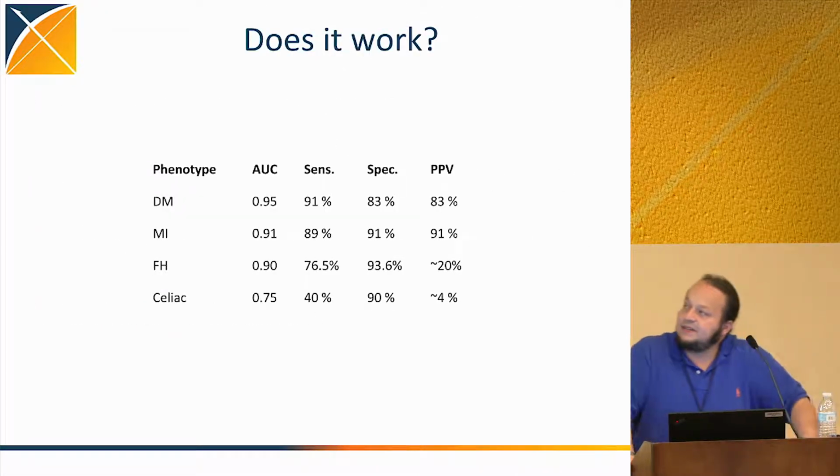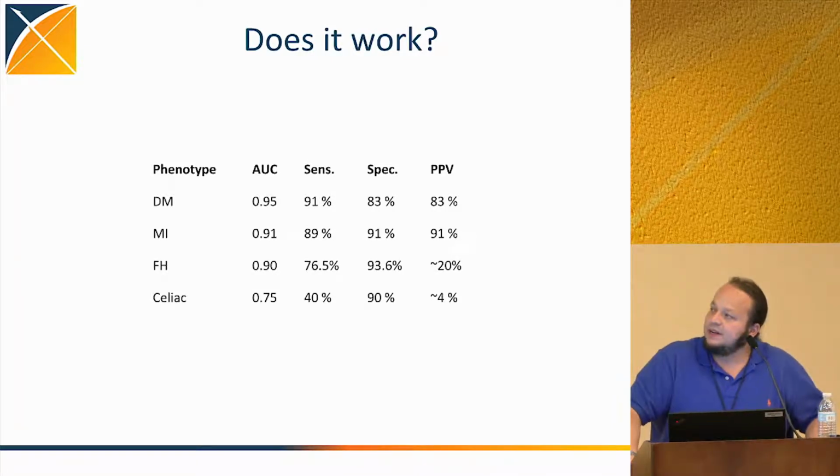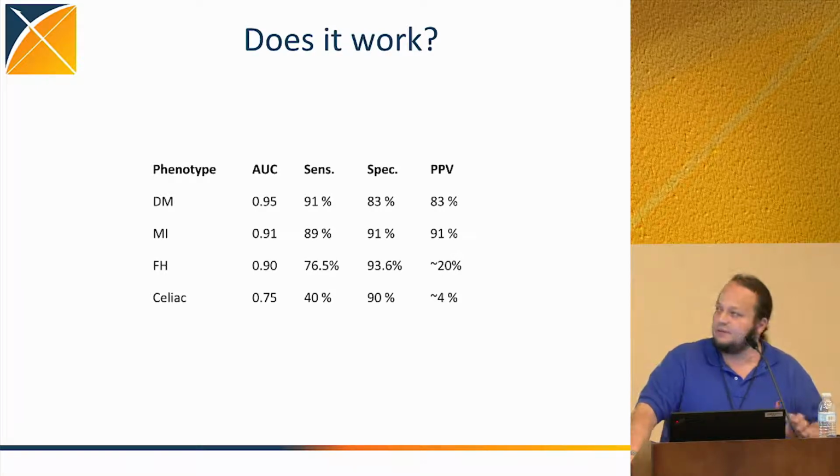So does it work? And this is what I was mentioning. We evaluated it when I was at Stanford. We did it for diabetes mellitus, so we built the phenotype using the code. Then we made a prediction on the remaining set of patients that we had at Stanford. And then it gave us some predictions.